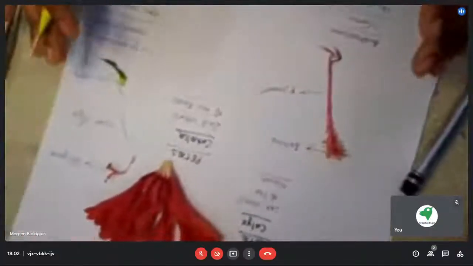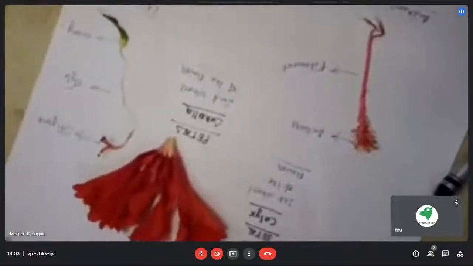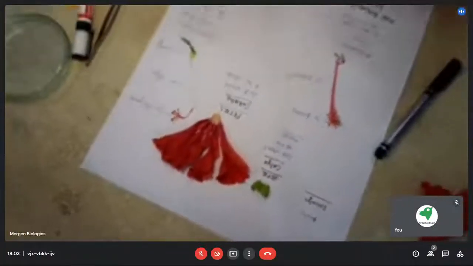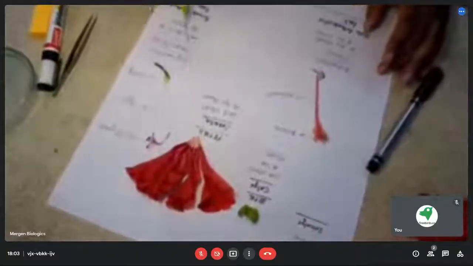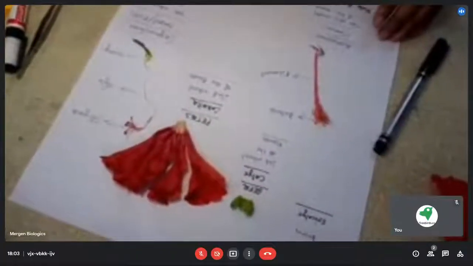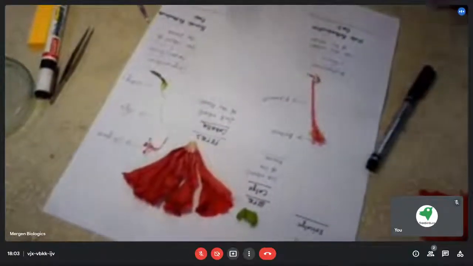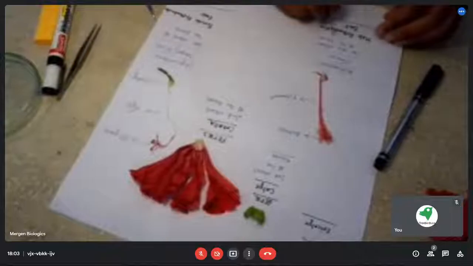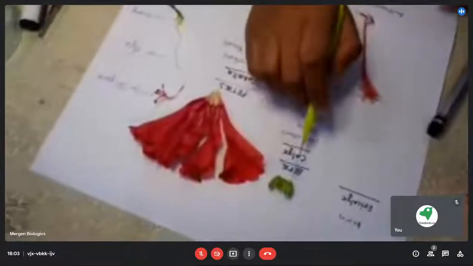So every flower has a different arrangement of all these whorls, but the common thing in every flower is that everyone has these four separate whorls. This is the common part of every flower. And another thing, I have told you that sepals may be of another color also, other than green.